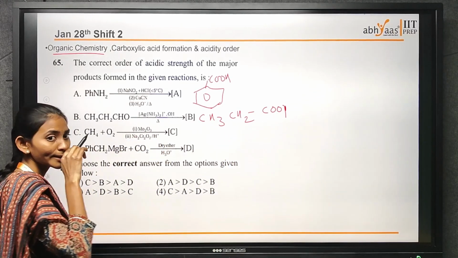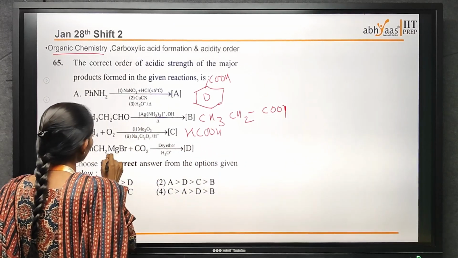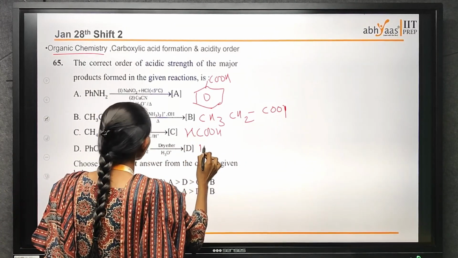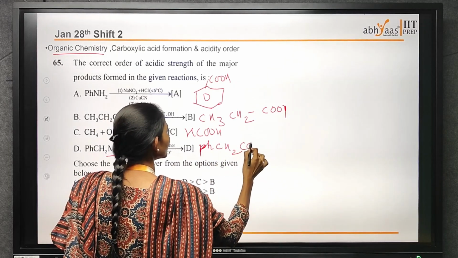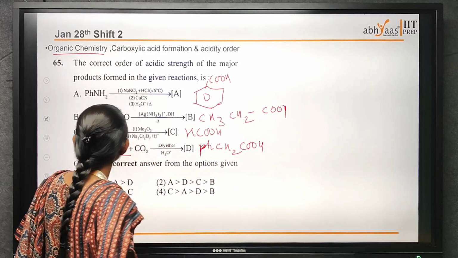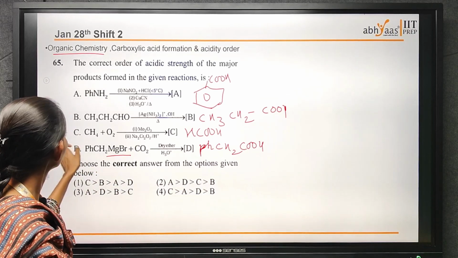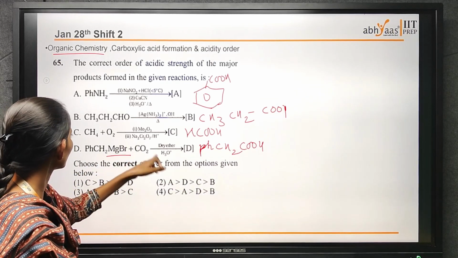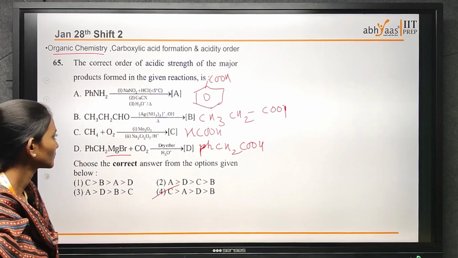Here you are getting CH3, here you are getting formic acid, MgBr. What happens when you are using dry ether? PhCH2COOH, right? So the correct answer from the given options, that will be the acidic strength, right? So option 4 is your answer, right?